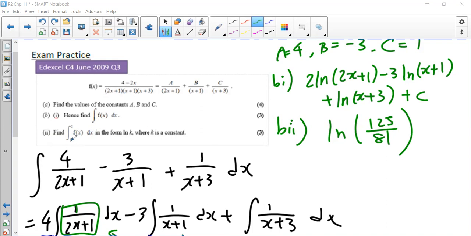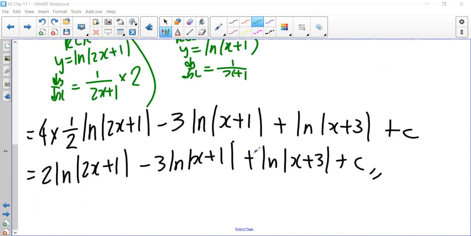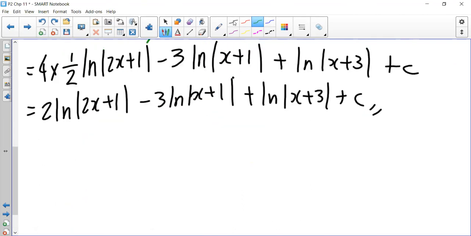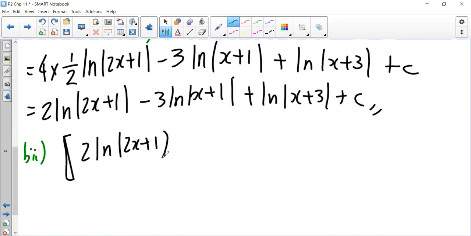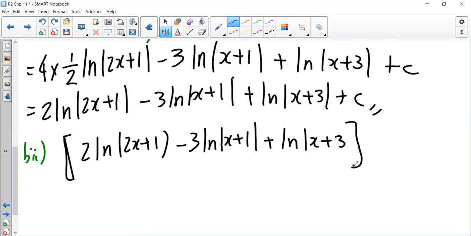So this is more about substituting numbers and dealing with ln. It's more of a logarithm question rather than integration. So let's deal with that. We need to put a 2 and a 0 in there. So 2 ln 2x plus 1 minus 3 ln x plus 1 plus ln x plus 3. Let's put a 2 in there.